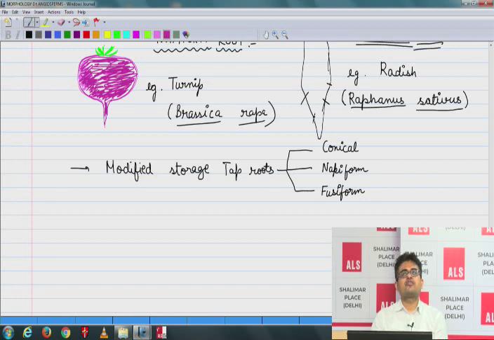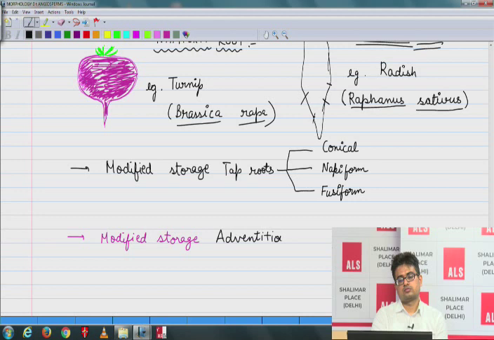Then there is modified storage adventitious root.